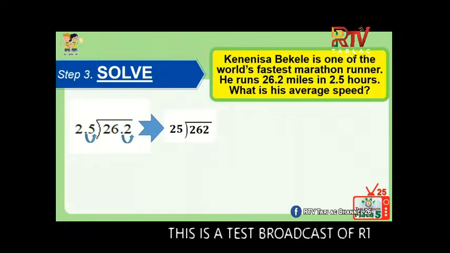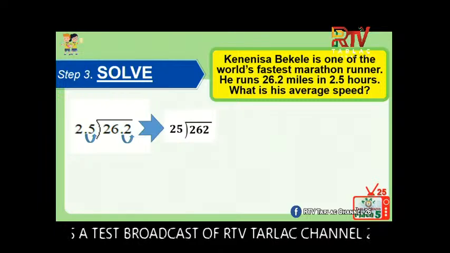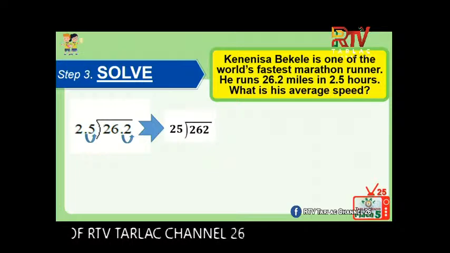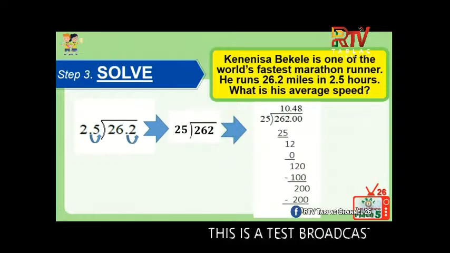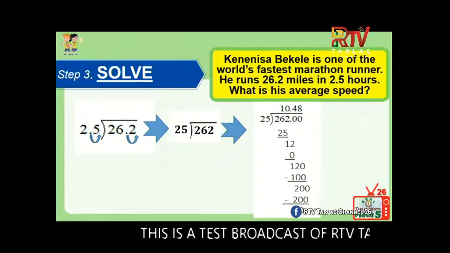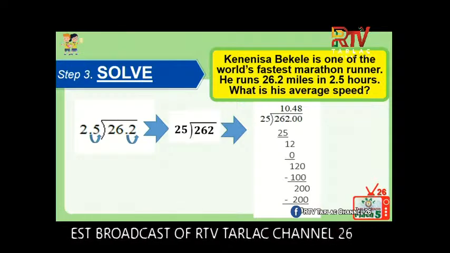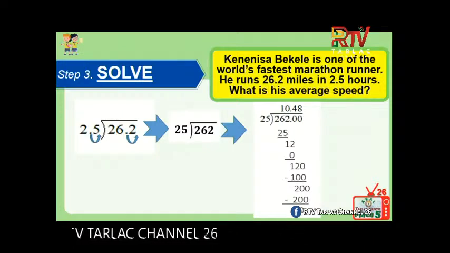Then move the decimal point of the dividend also as many as the number of decimal places in the divisor. 26.2 is now 262. Since the divisor is now a whole number, we can now proceed to division like whole numbers. 262 divided by 25 is equal to, we will arrive with a quotient of 10.48.